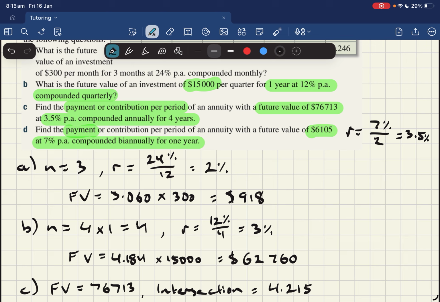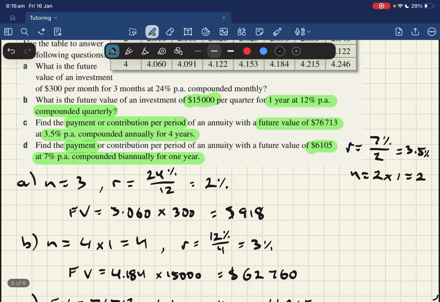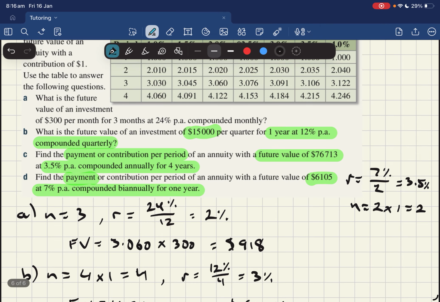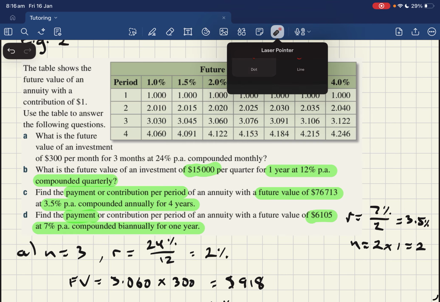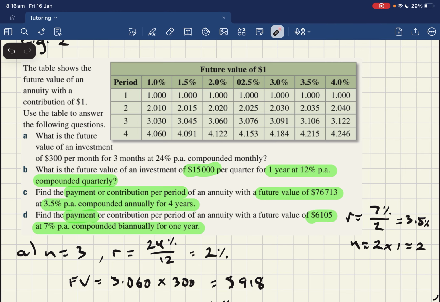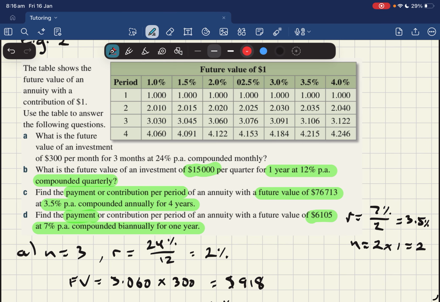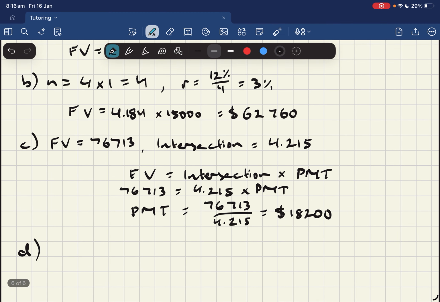So 2 times in 1 year. N is just going to be 2 times 1, which equals 2. So we find our intersection. 7% divided by 2 gives you 3.5. Our N is 2. So looking where N is 2 and 3.5, it's 2.035. That is our intersection.